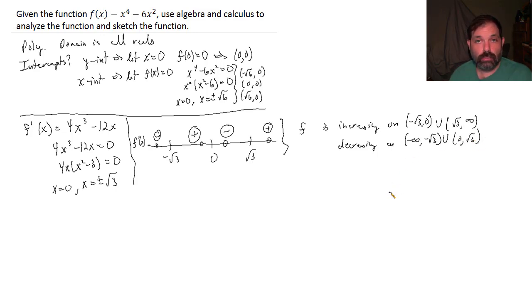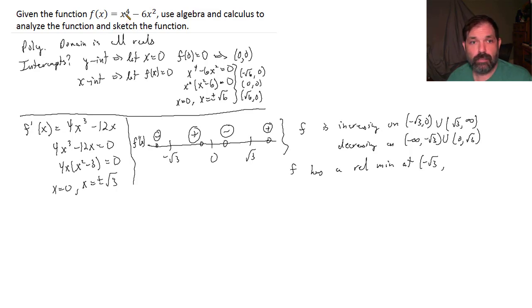What else do we know? We see the function was decreasing, then increasing, then decreasing, then increasing. It's switching, which means we have some relative extrema. Decreasing, then increasing. We know that f has a relative min at negative root 3, and then we'd have to evaluate the function at negative root 3. So negative root 3 to the 4th, that would be positive 9.